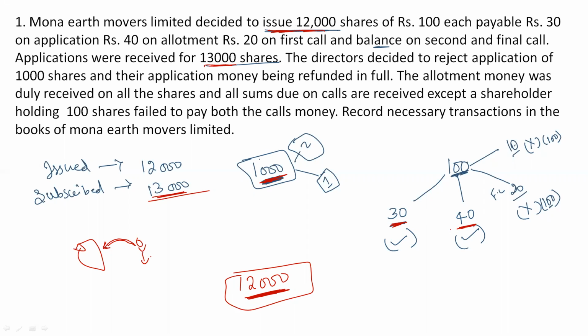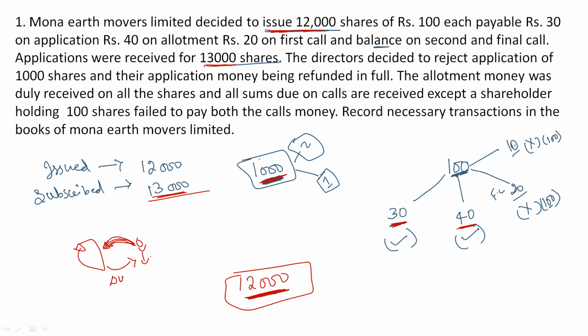Now what happens here? In the application process, first only the public will pay the application amount. But from now on, from allotment, first the company will ask to pay the amount, then the public will pay the amount. So we have to do two entries.